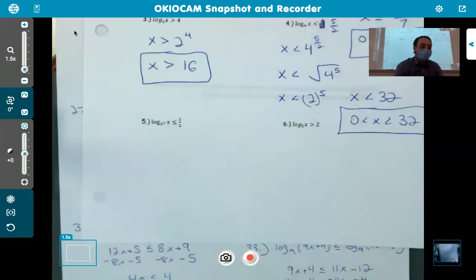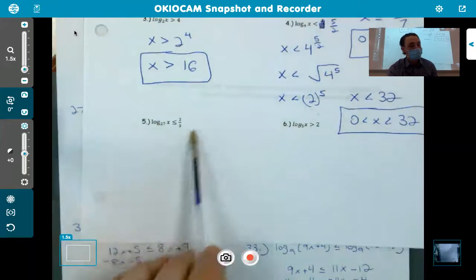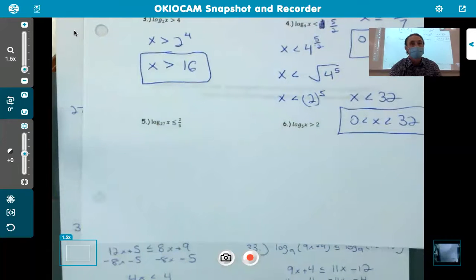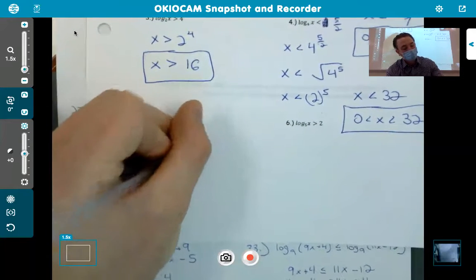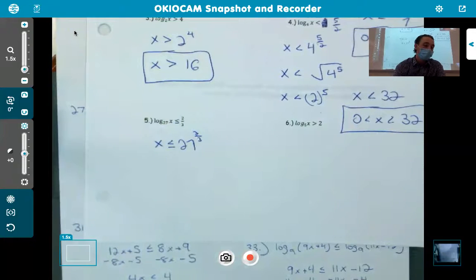All right, last 2 for this little bit of review, and then we'll do an application problem, and then we'll just move on from there, okay? So how would I rewrite this now so it's in exponential form? x is less than or equal to 27 to the 2/3.